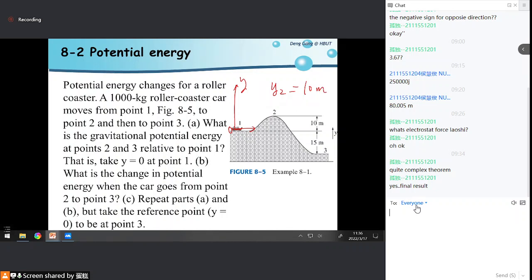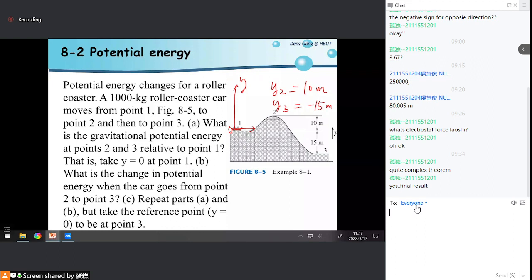Then for y3, if here is 0, here is minus 15.